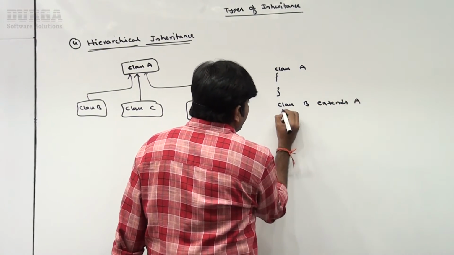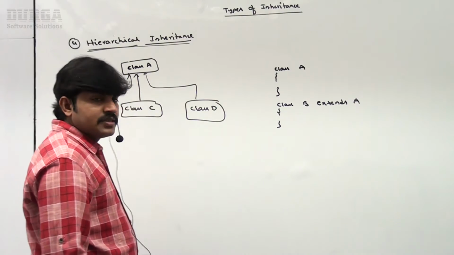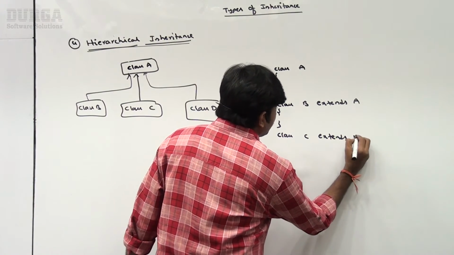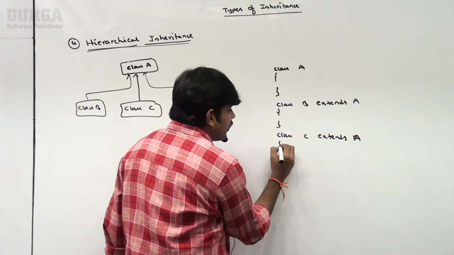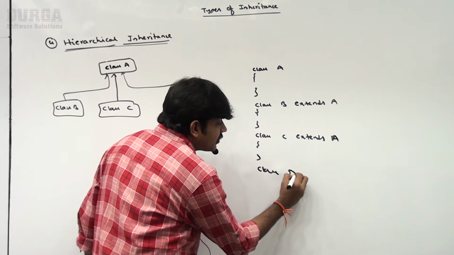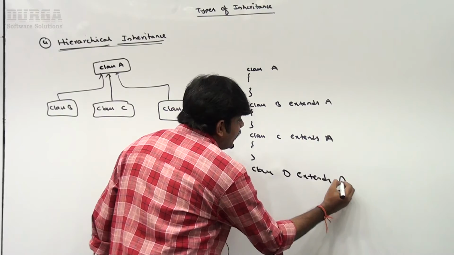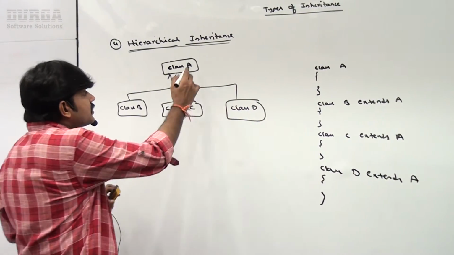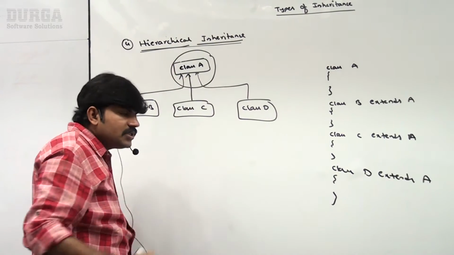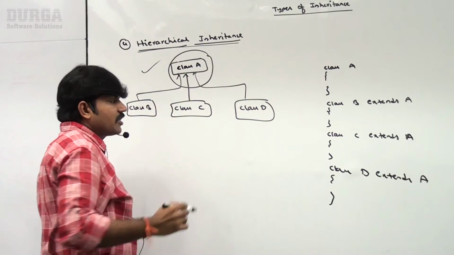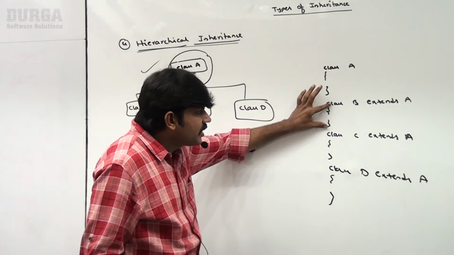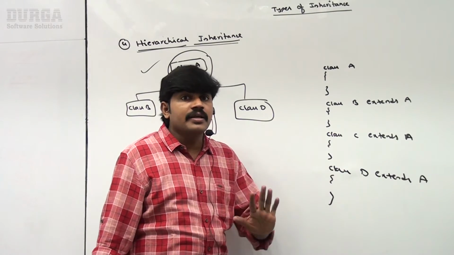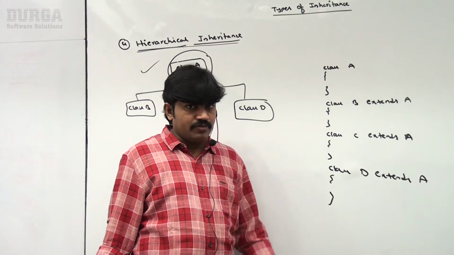Class B extends A, similarly class C extends A, and class D extends A. All these classes are extending the same class. This type of inheritance is hierarchical inheritance. It is something like single inheritance only. A group of single inheritances is by default considered hierarchical inheritance. Everyone can understand?